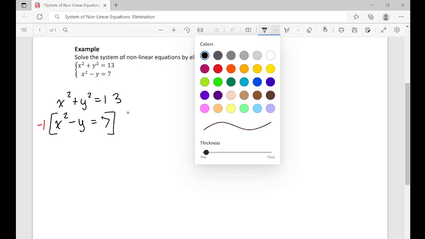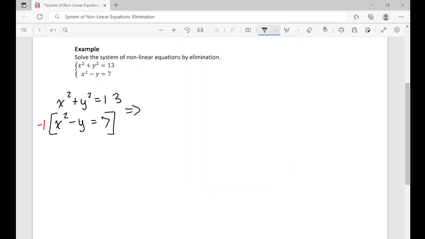So when I do that, I keep the original first equation the same, x squared plus y squared equals 13, but my bottom equation becomes negative x squared plus y equals negative 7.